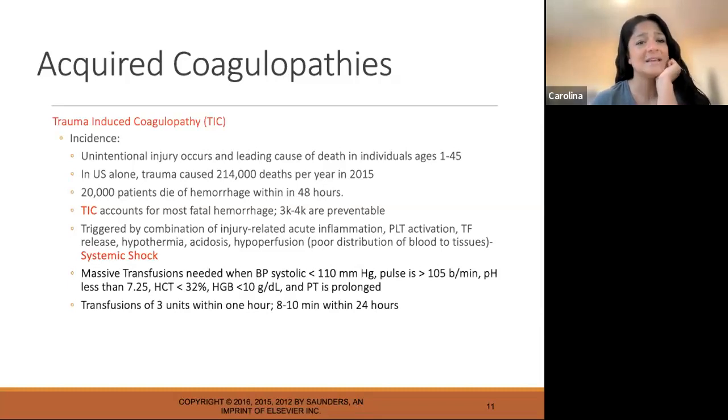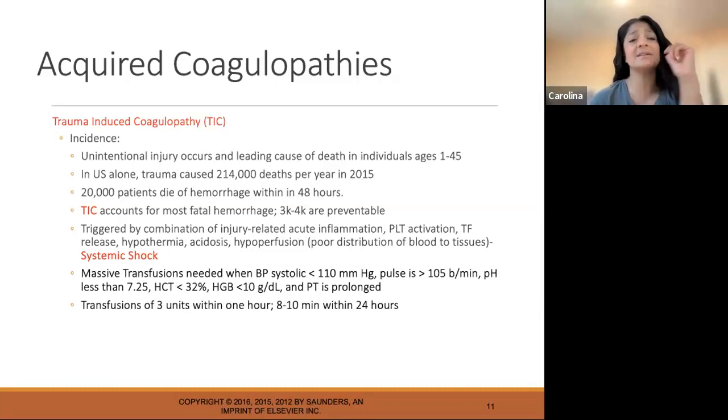So TIC is triggered by a combination of injury-related acute inflammation, platelet activation, tissue factor release, hypothermia, acidosis, and hypoperfusion, which is poor distribution of blood to the tissues, which all lead to systemic shock. Okay, so all of these can trigger trauma-induced coagulopathy, eventually leading to systemic shock. So the entire body goes into a state of shock.